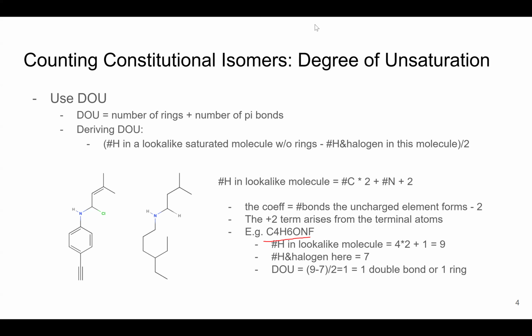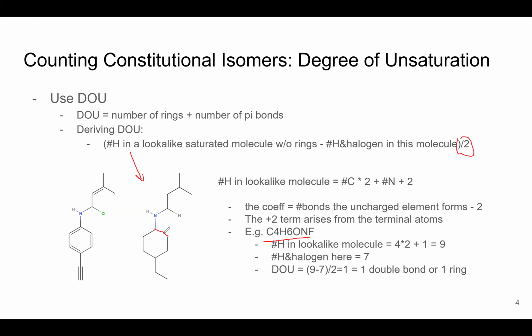Another thing you might ask is why do we divide the difference between the number of hydrogens in a lookalike saturated molecule without rings and the number of hydrogens and halogens in this molecule by 2? Well, let me demonstrate with this example again. If you form a ring by closing this, you are removing two hydrogens, from this carbon and this carbon. So it's minus 2.